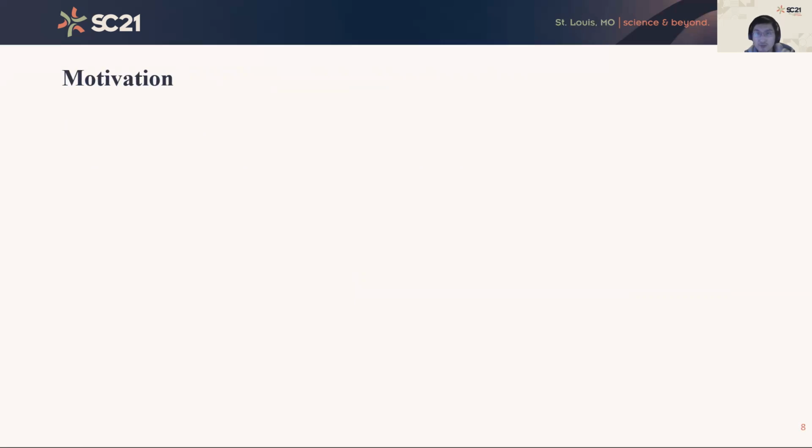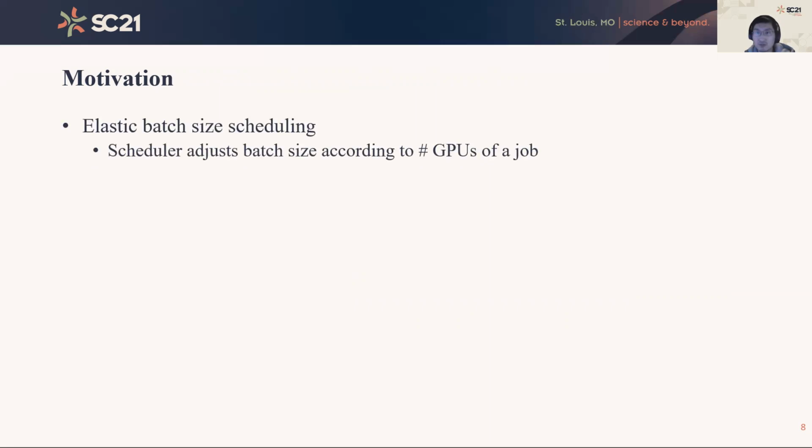Our work is motivated by the idea that when we allow jobs to have an elastic number of GPUs, we also need to support elastic batch size. More specifically, we allow the cluster scheduler to adjust the batch size according to the number of GPUs of a job.